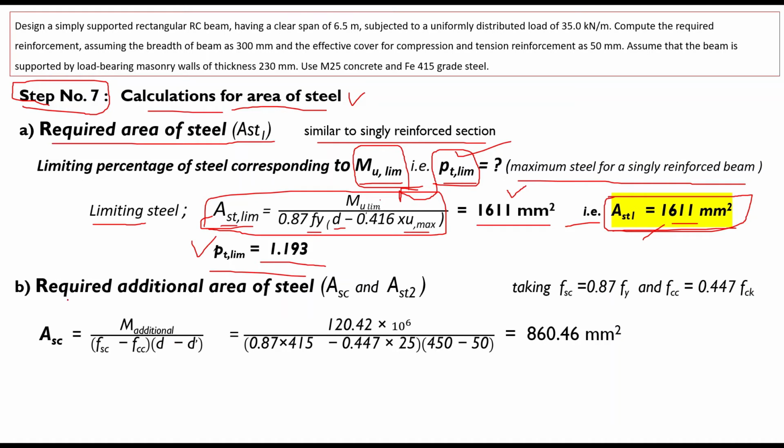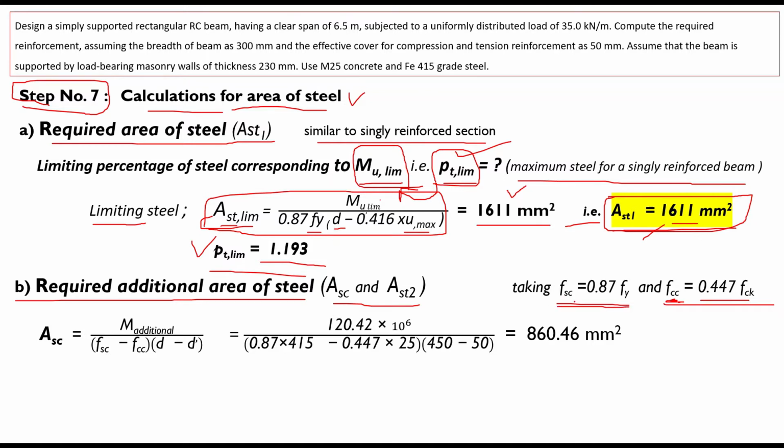Now the second point is the required additional area of steel. Here we have to calculate ASC as well as AST2, and we can take FSC equal to 0.87 Fy.